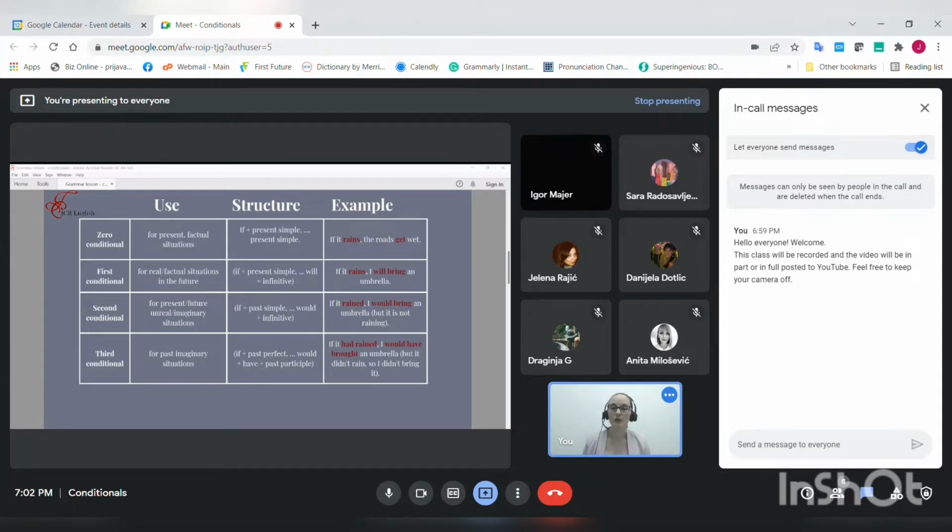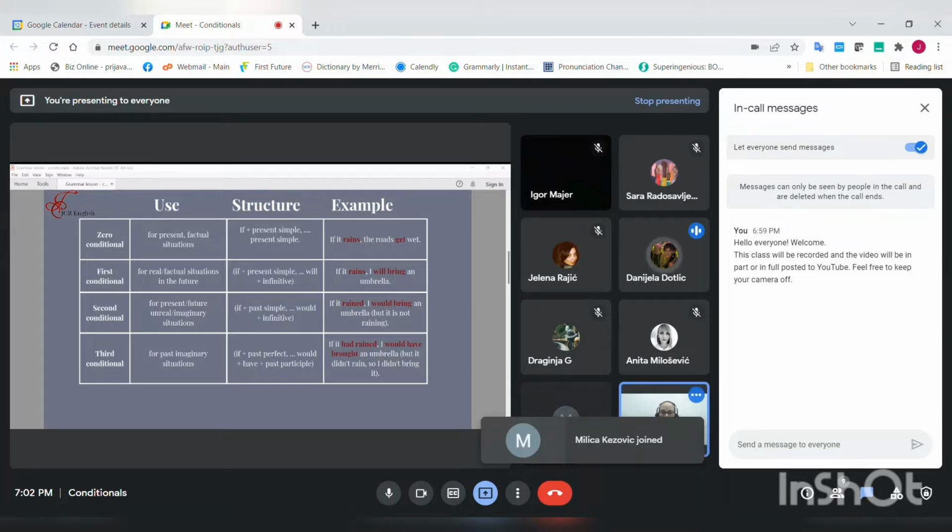We use it when, Daniela, could you tell us? Can I read it from the screen? You can, and you can also use your own words if you know. Zero for present factual situations.